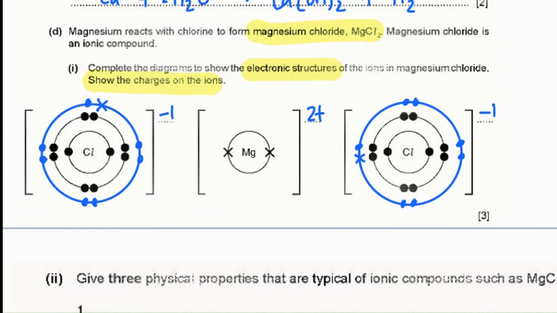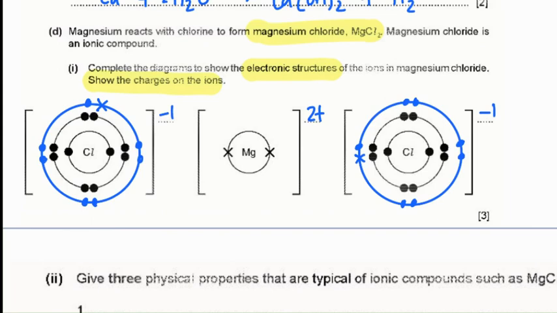Magnesium is actually in period 3 itself, but remember that the metals give away electrons and jump backwards to achieve the electronic structure of the noble gas that's in the period before it, because they're emptying their outer shell electrons.